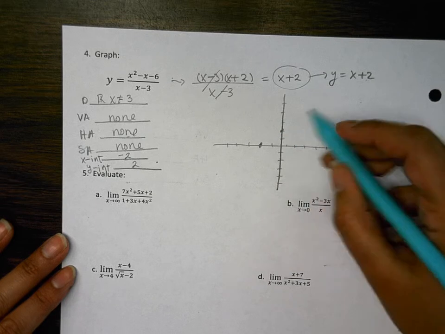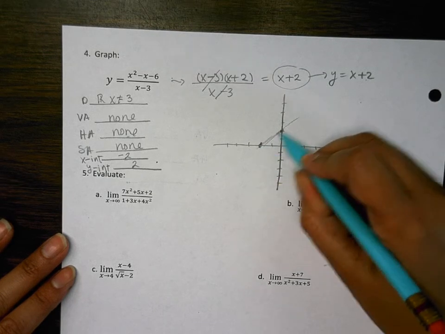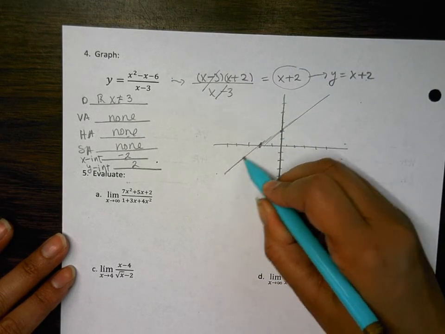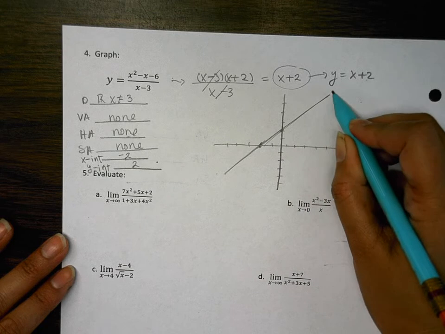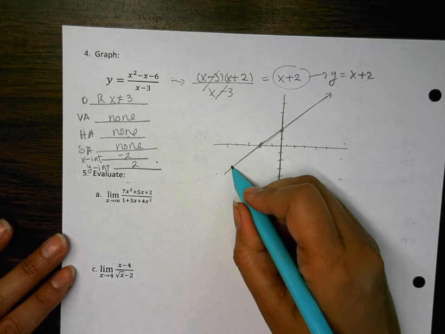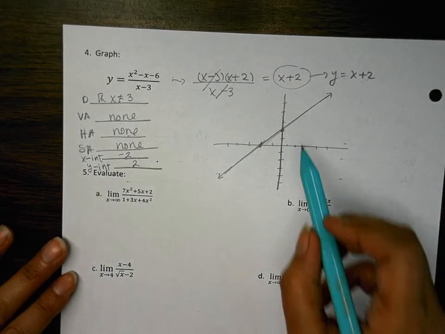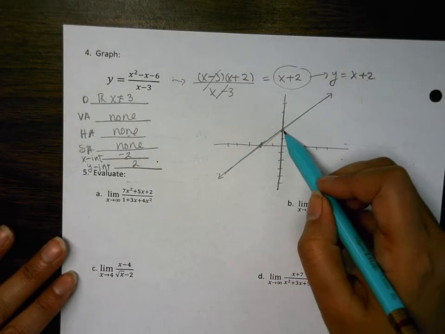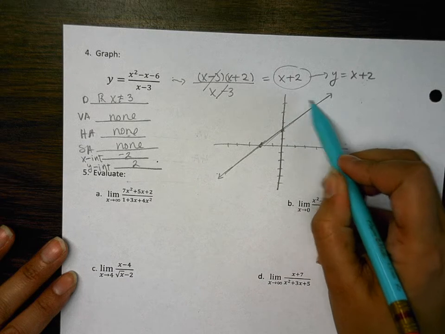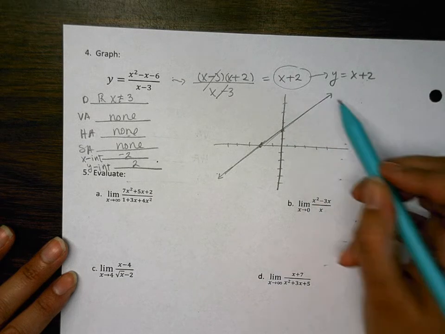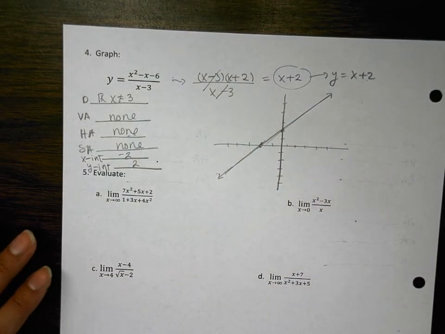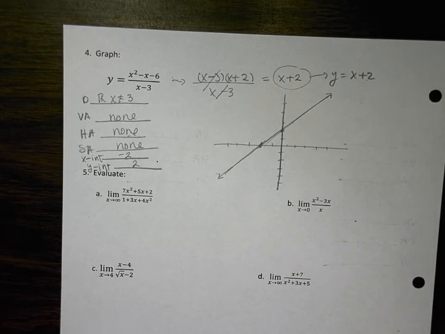Okay, x-intercept is negative 2, y-intercept is positive 2, and we make a line, and this is not an asymptote, so this is the actual graph. Good job. There is a hole, so I'm going to go back and fix the hole. Before I do the hole, do you guys agree that y equals mx plus b would be a y-intercept of 2 and then up 1 over 1? Yes or no? Okay.